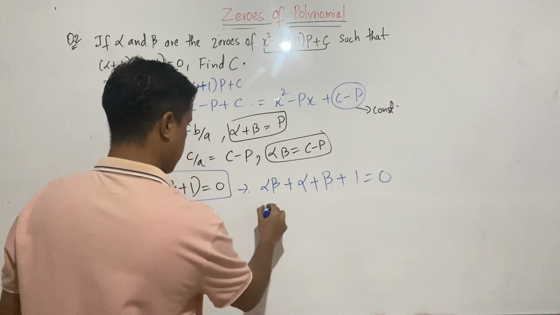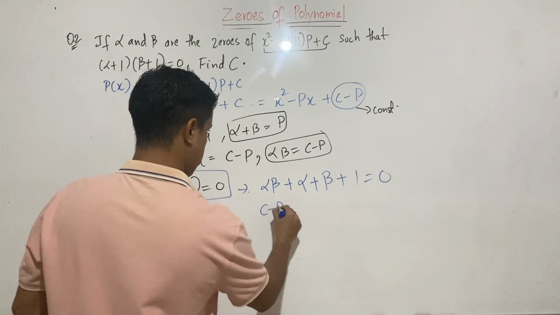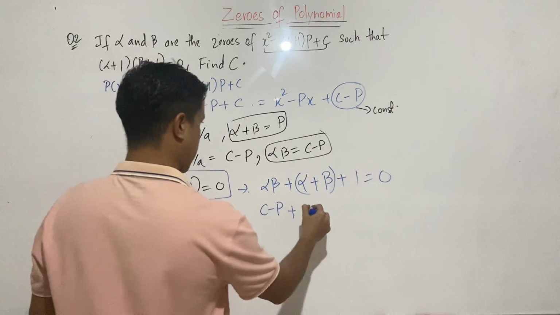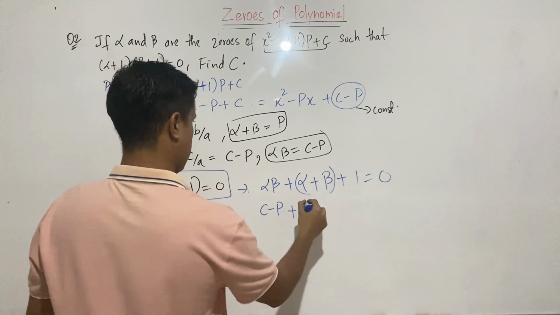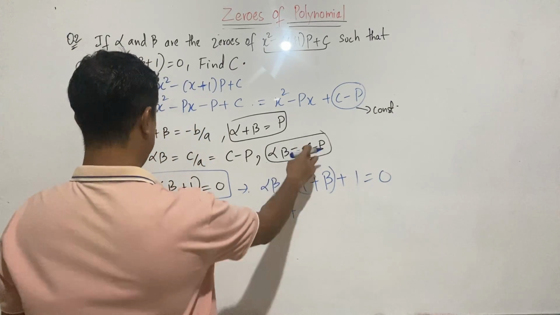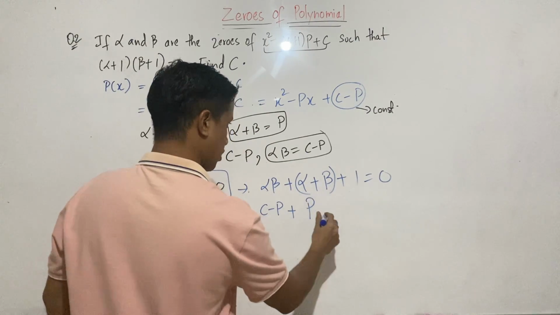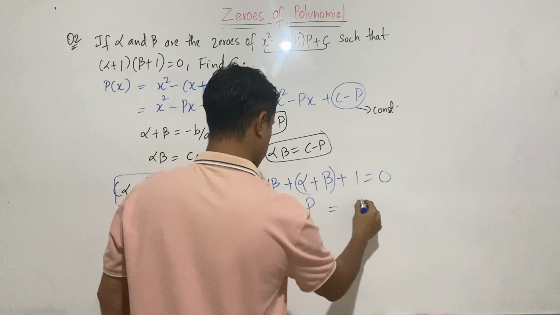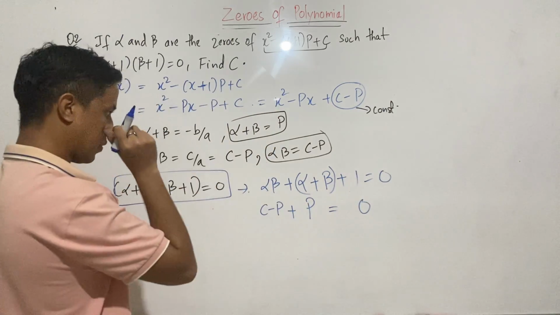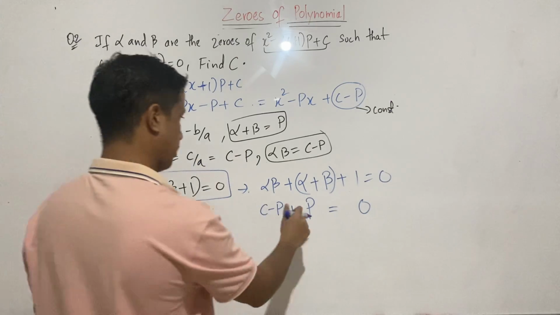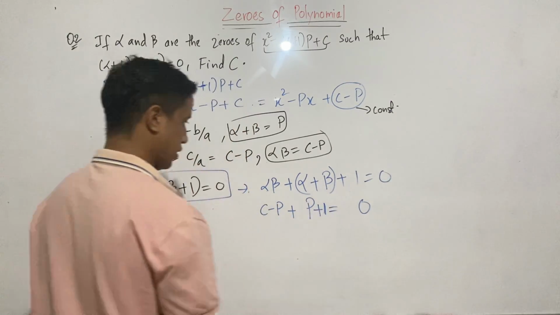Alpha beta is c minus p, and alpha plus beta is p, which is equal to 0, plus 1, right?